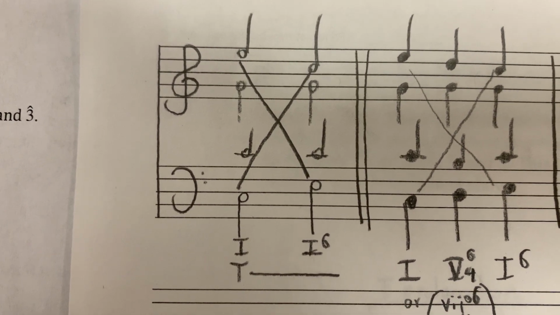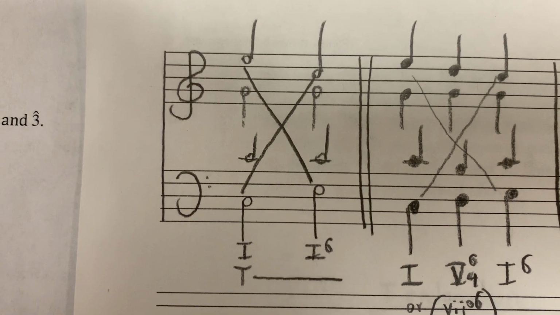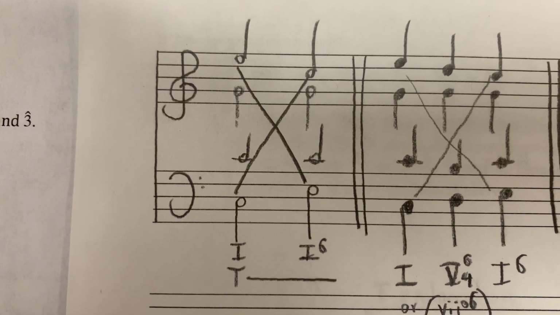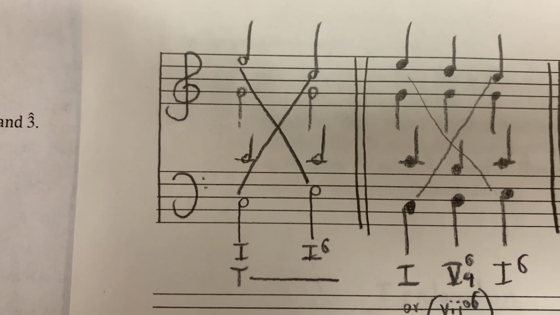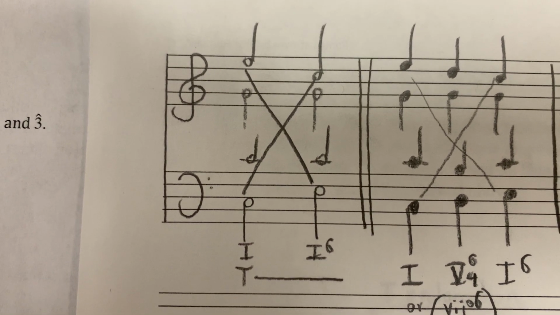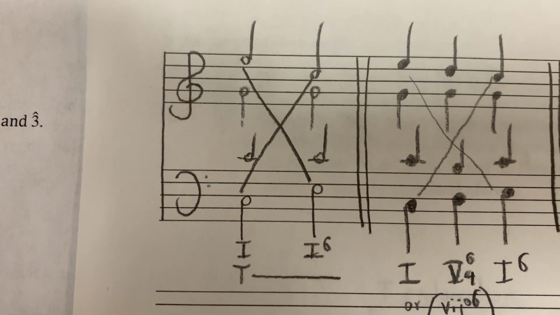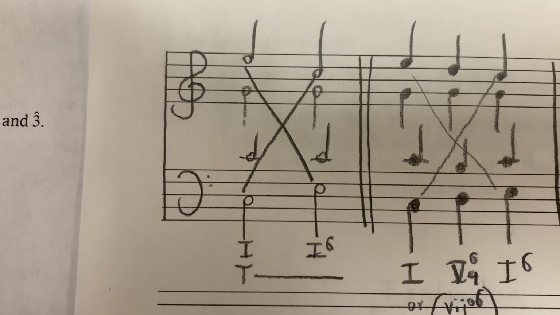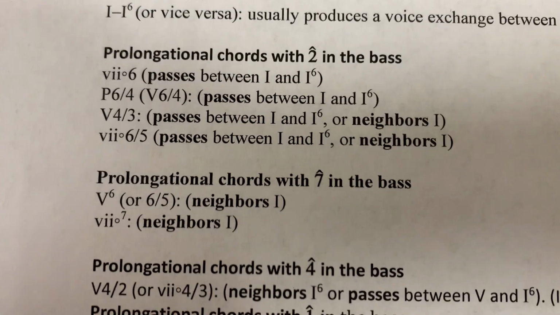Notice how the bass goes C to E and the soprano goes E to C. This will be an example of the tonic being prolonged just by consonant skip. I show that prolongation in my second level analysis below, which just shows a T with a line drawn to show the prolongation of that harmony. This will be the basis for some of the ones that come after this. So that will be your consonant skip.